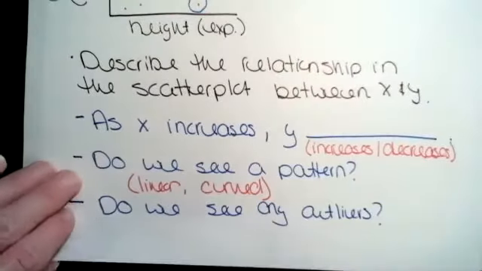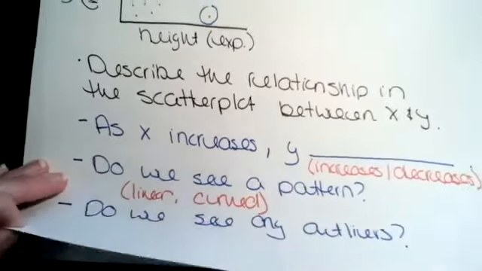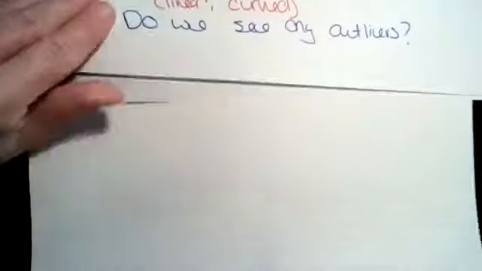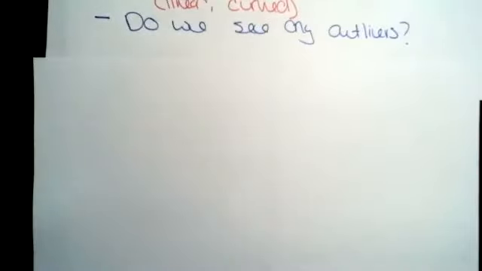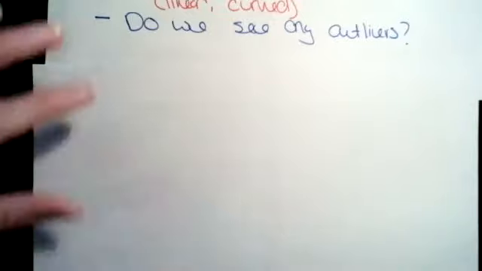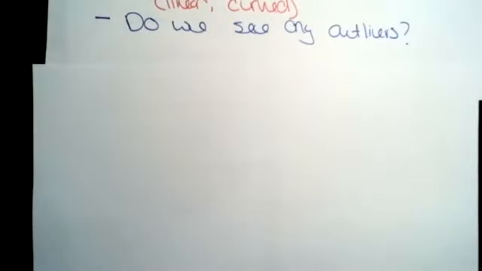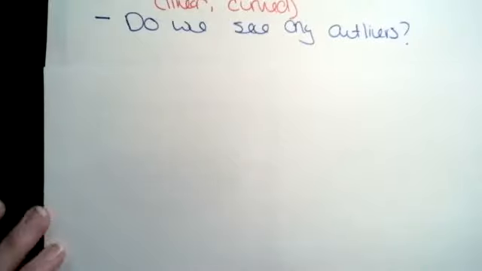The next thing we're going to talk about is that there is a numerical measure that we can put with these scatter plots. And just keep in mind, when we first start assignment 6, I just want you to look at it and do what we just talked about. And then later on in assignment 6, we're going to do this part and actually calculate some values.